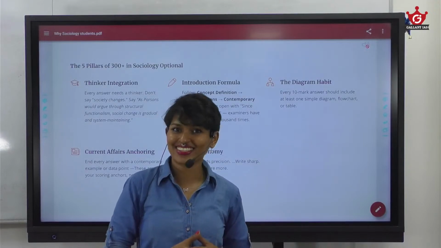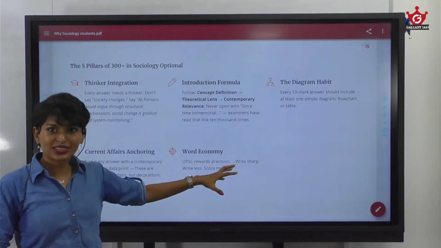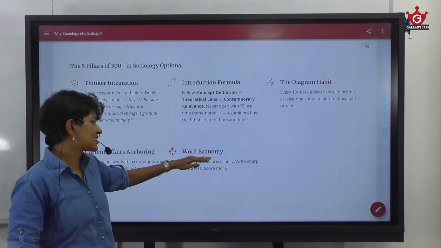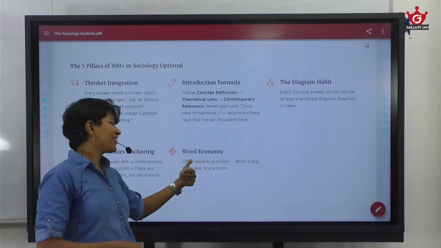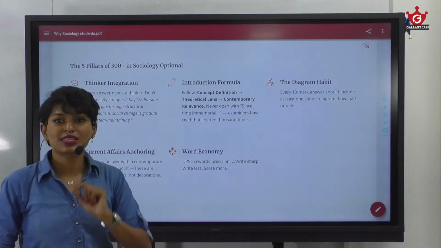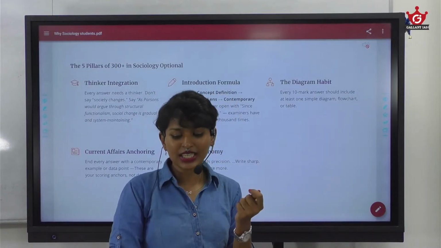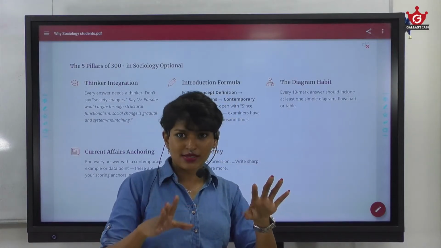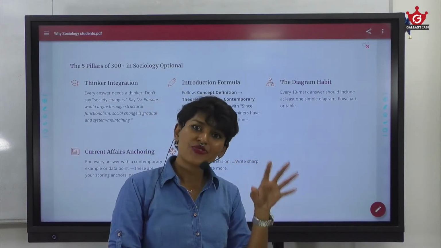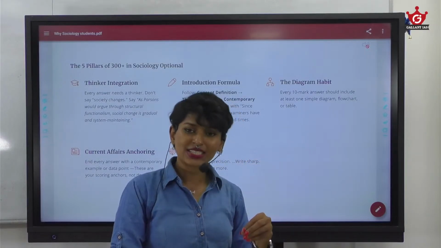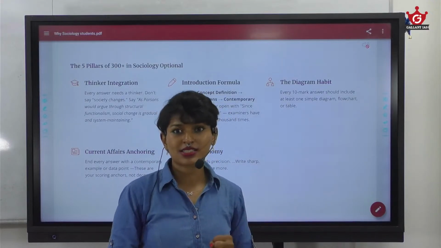Then the last one I have put forward here is word economy. I'm not talking about economy or economics here. I'm talking about what UPSC rewards: precision. Consider two answers. One person writes a 250-word answer with four thinkers integrated, one diagram and one current affairs example.